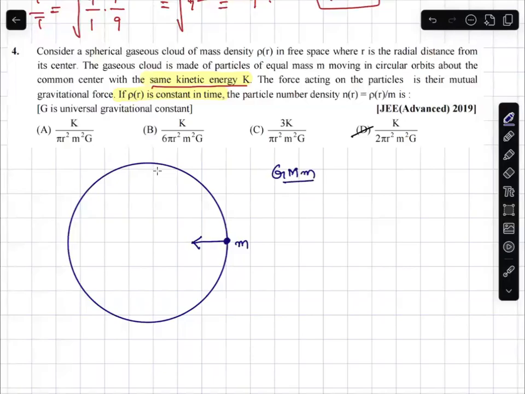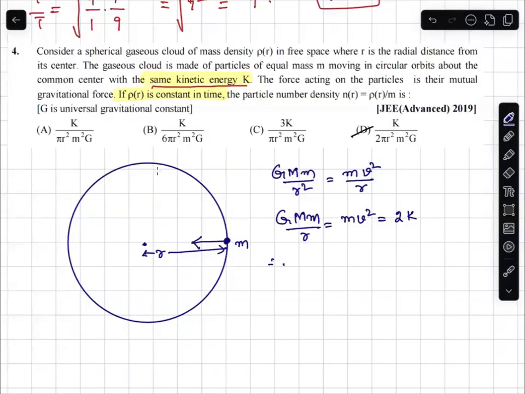And you know, this is the equation to write, assuming it is like a shell, and that shell encloses capital M mass till that point, right? And this supplies mv square by r. So G capital M small m by r is mv square, which can be written as 2 times kinetic energy.